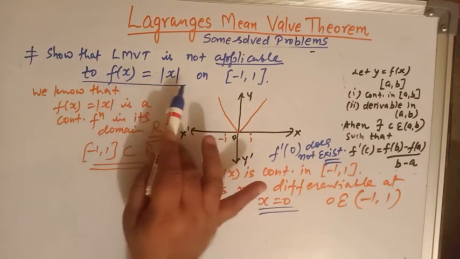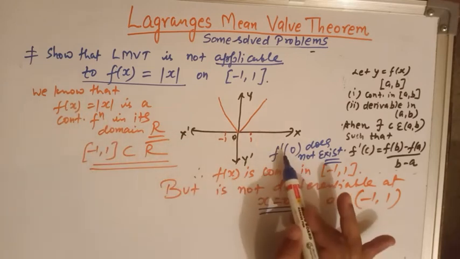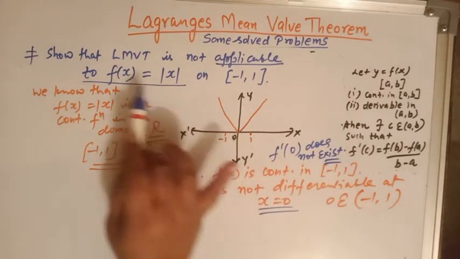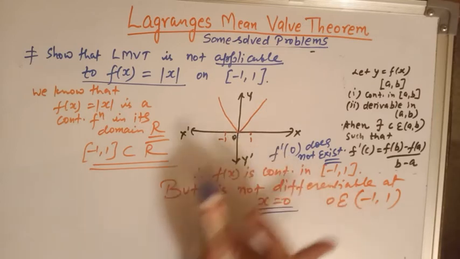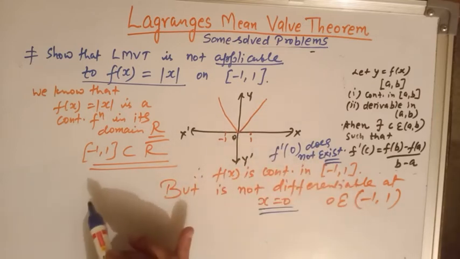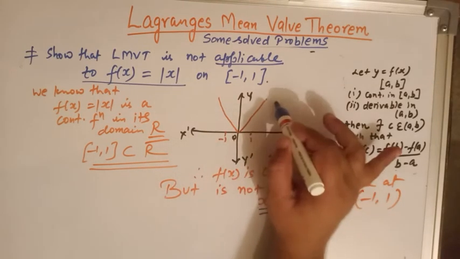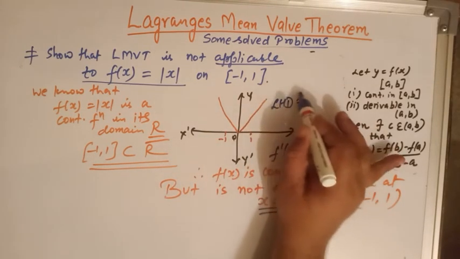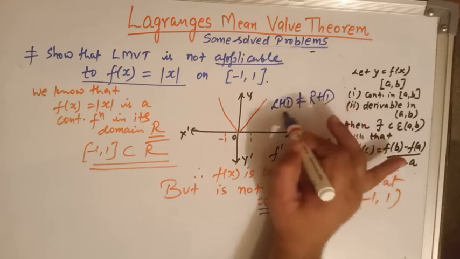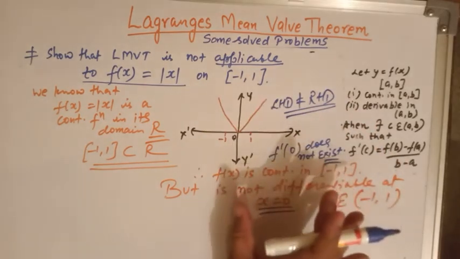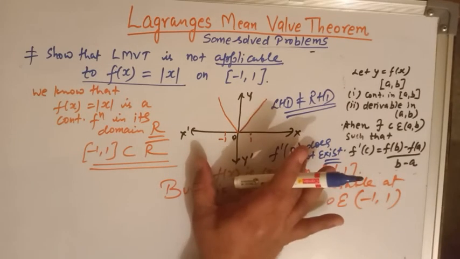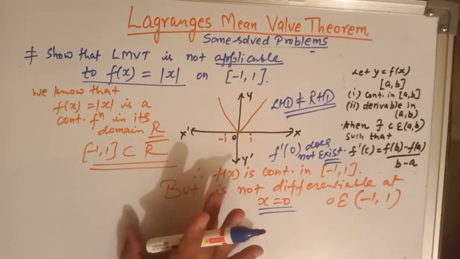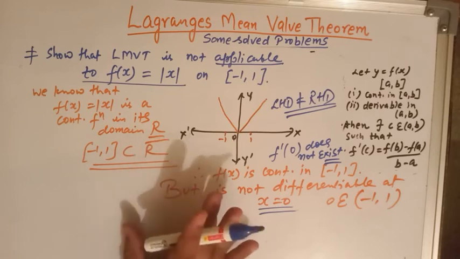It is continuous, but the derivative of this function at this point 0 does not exist. It means the left hand derivative is not equal to right hand derivative, and we have seen this in our earlier videos and we have proved this result in our video on relation between continuity and differentiability.